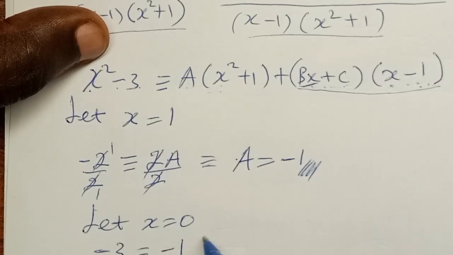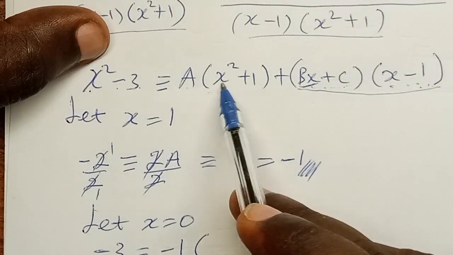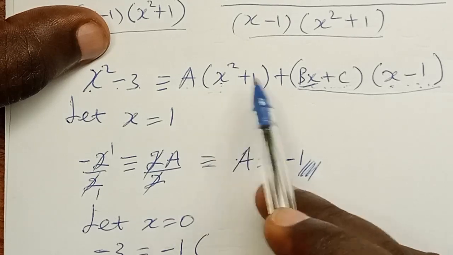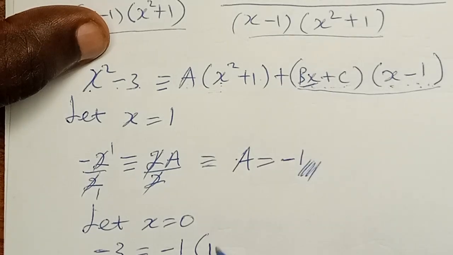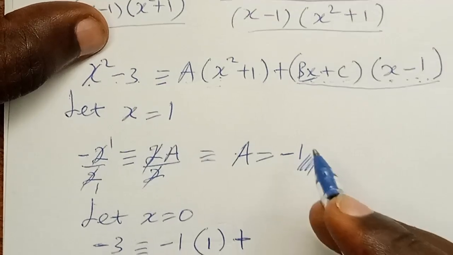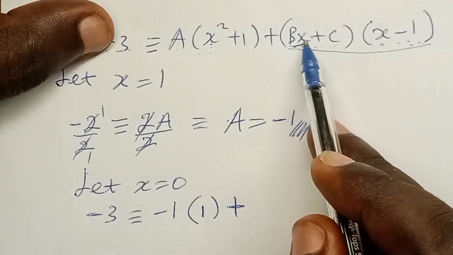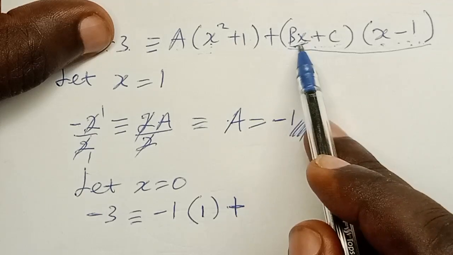Minus 1 into, we have x. We have already said that let x be equal to 0. So 0 squared is going to give us 0. 0 plus 1 is going to give us 1. Plus, you can see that b into x, which is 0, gives us 0 here.